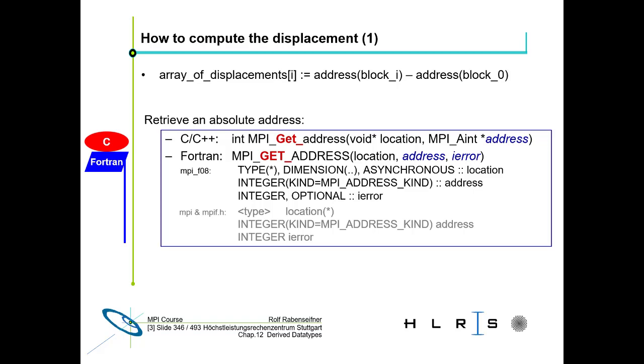A better way is to use MPI_Get_address with the address of the buffer, and then the address of an address variable of type MPI_Aint. In Fortran you do the exact same thing.